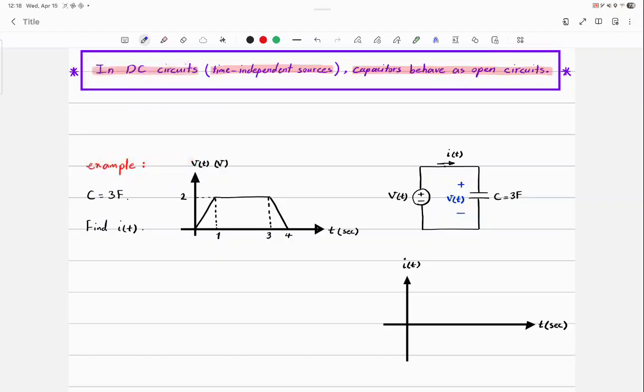Okay, let's find the current passing through that capacitor when the voltage across the capacitor is given to you. So what should I do? Exactly. The capacitor value is 3.